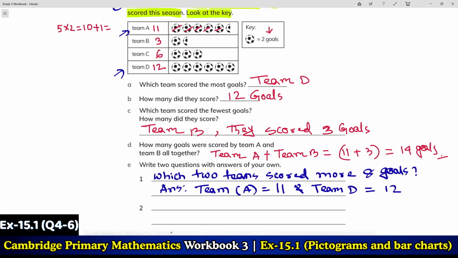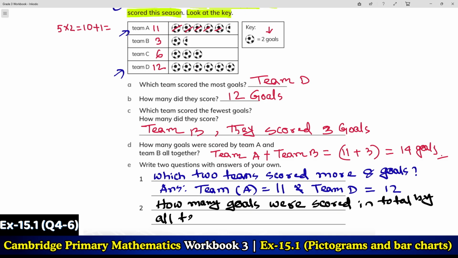Second question, how many goals? We can write how many goals were scored in total by all teams.